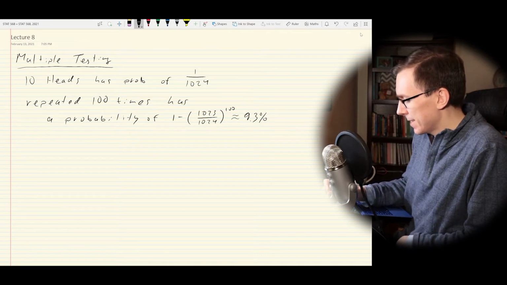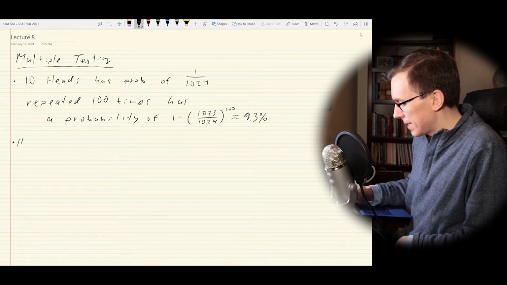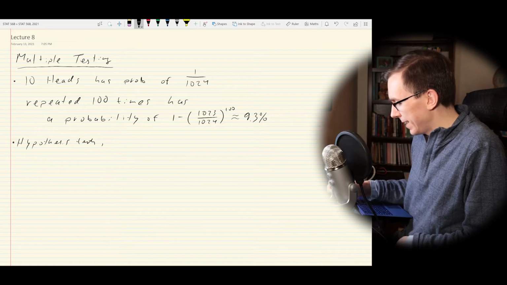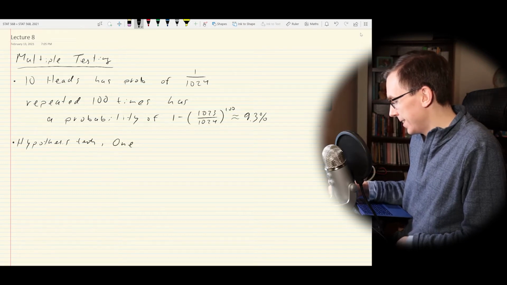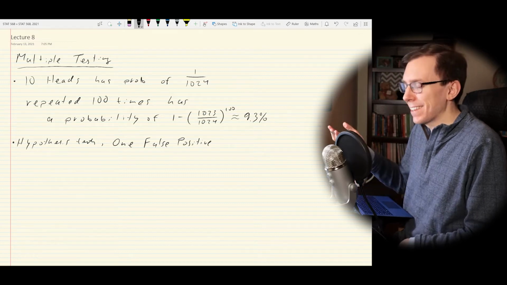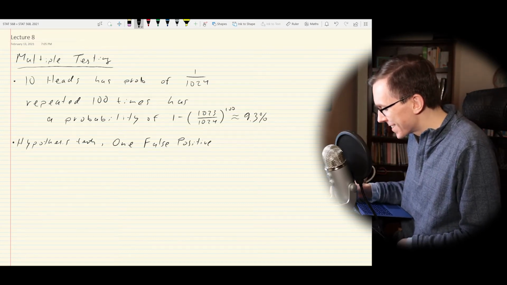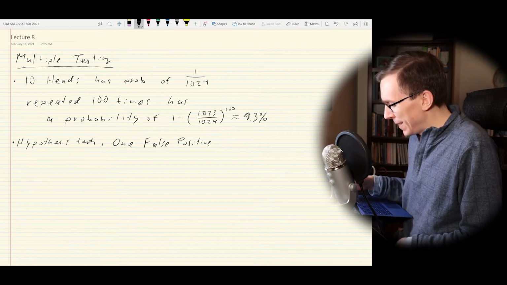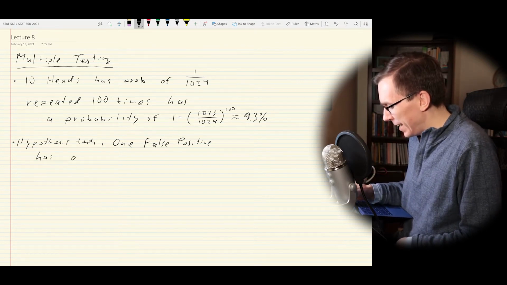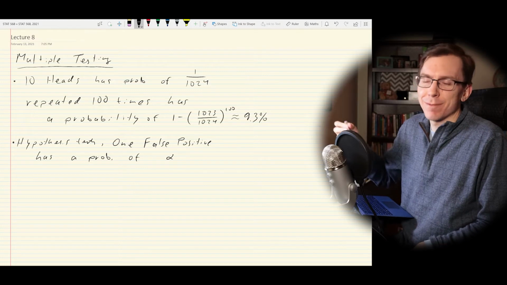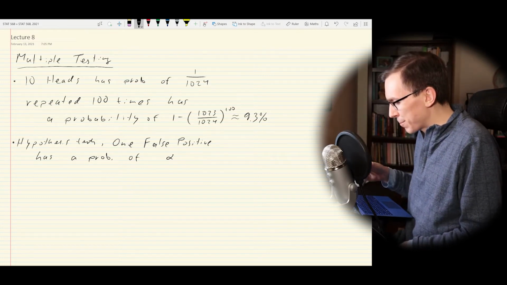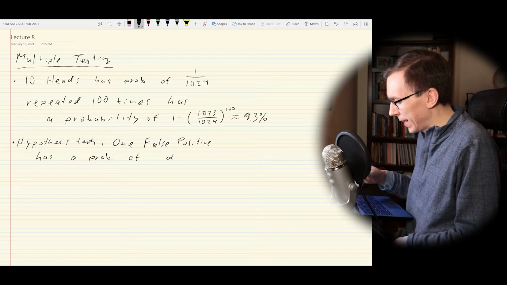But in the case of hypothesis testing, let's say 1 false positive, type 1 error if you like that terminology, but I hate that terminology, has a probability of alpha, whatever alpha is, 1%, 5%, 0.1%, 1 in 10,000, whatever you want alpha to be.